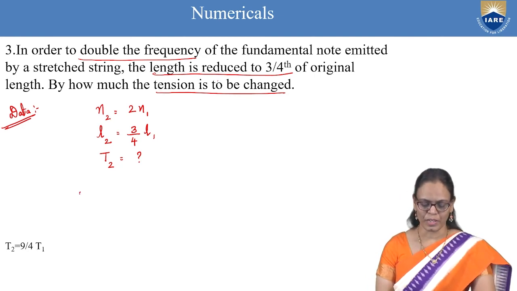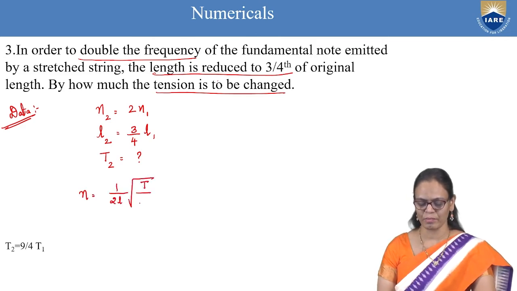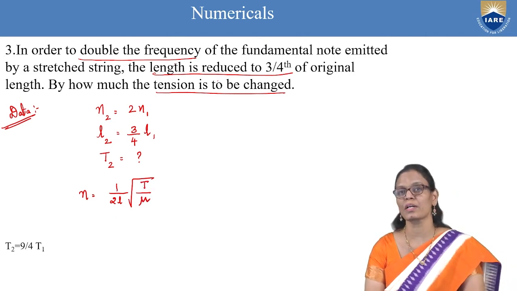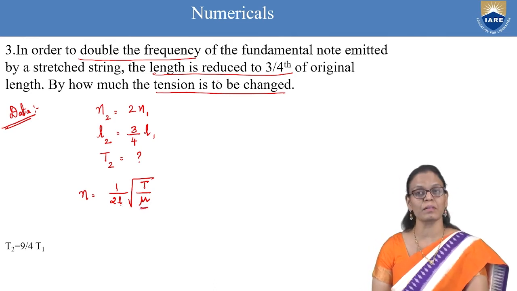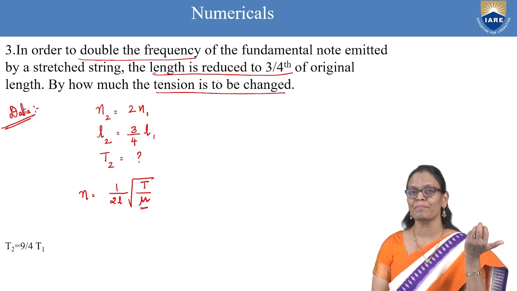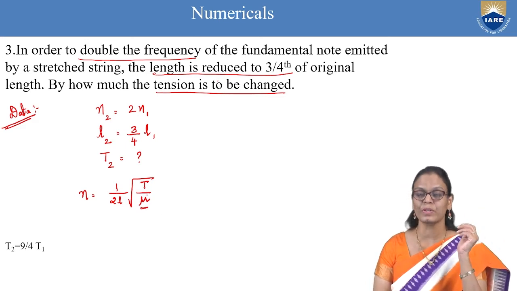Now write the formula. N is equal to 1 by 2L under root T by mu. Here only the frequency and the length are changed, but the mass per unit length remains the same. The total length of the wire may change, but mass per unit length always remains the same.